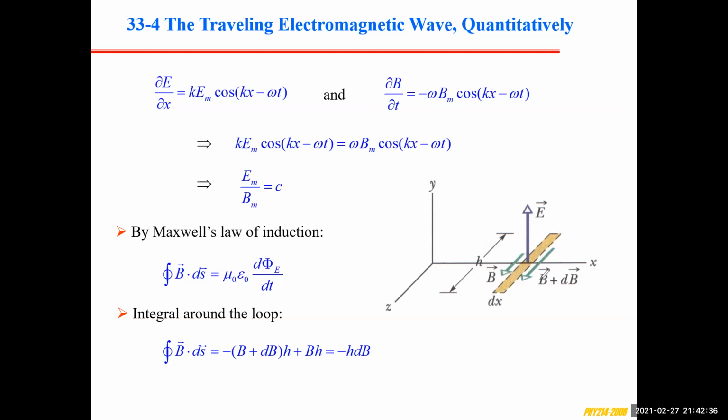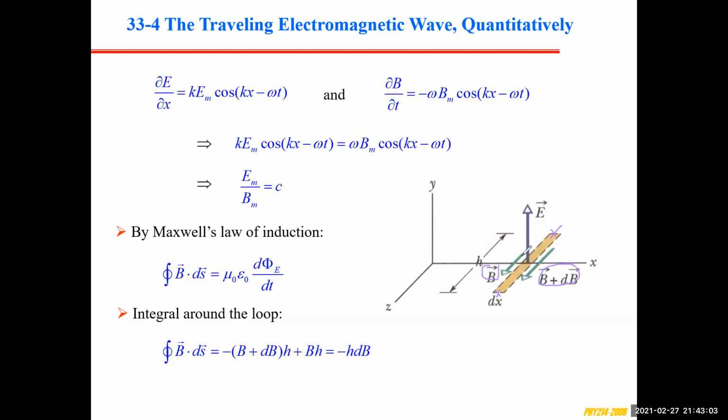You perform exactly the same evaluation. The magnetic field and this part do not contribute because they are perpendicular to each other. The only two terms that contribute will be this term times h and this term times h, offset by a minus sign.